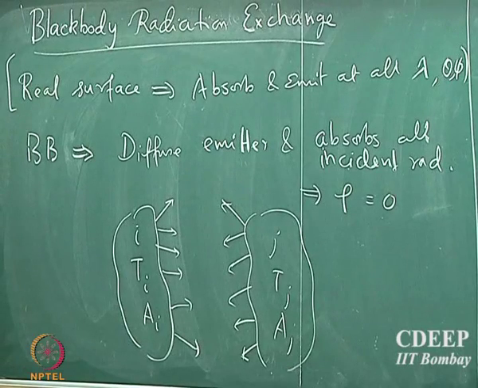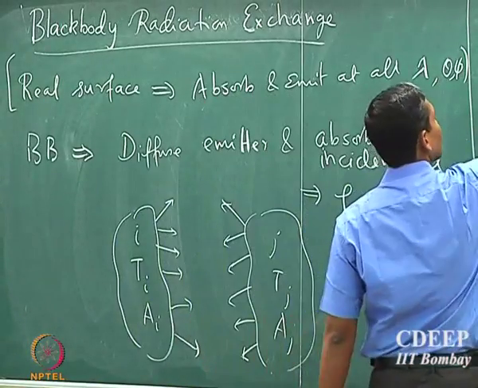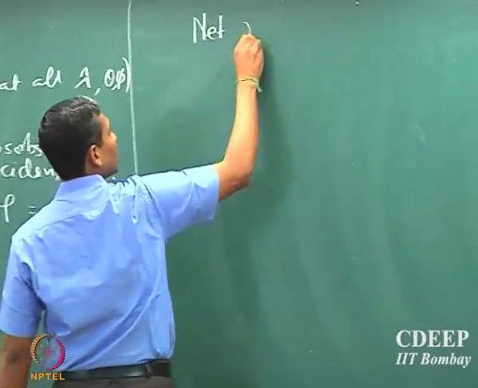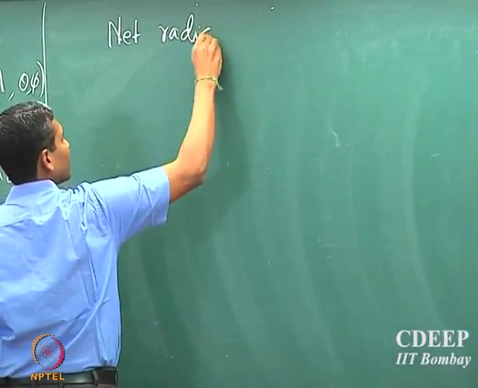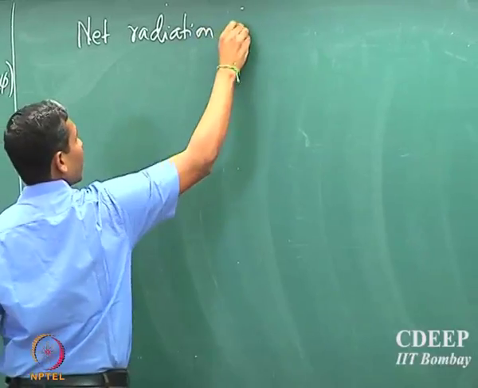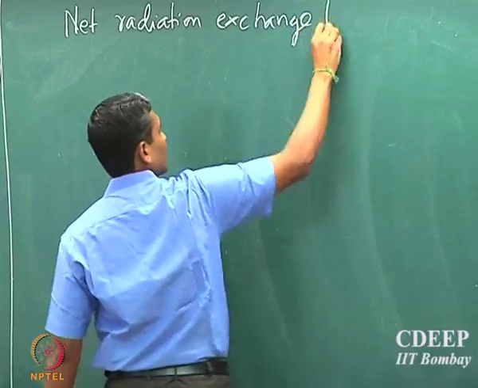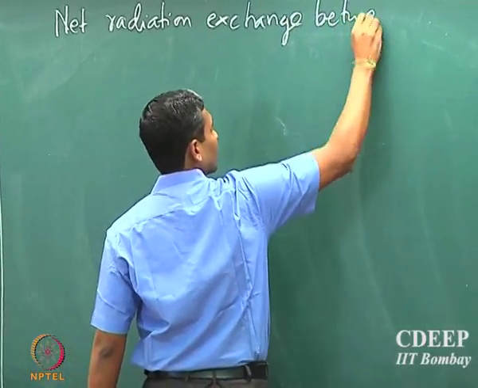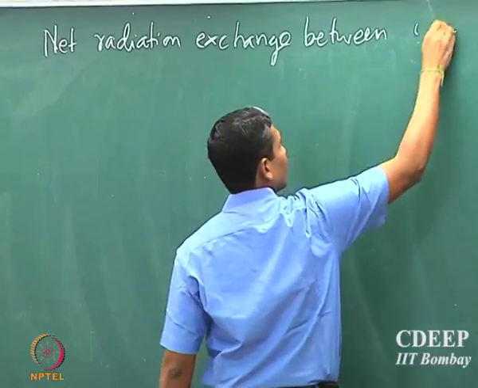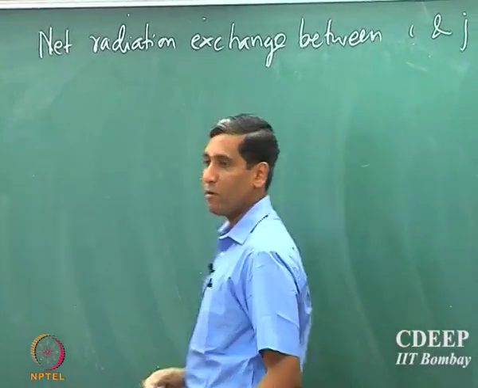It's a diffuse emitter. So now the question is, what is the net rate of heat exchange between these two surfaces? That's what we want to find. So what is the net radiation exchange between I and J?